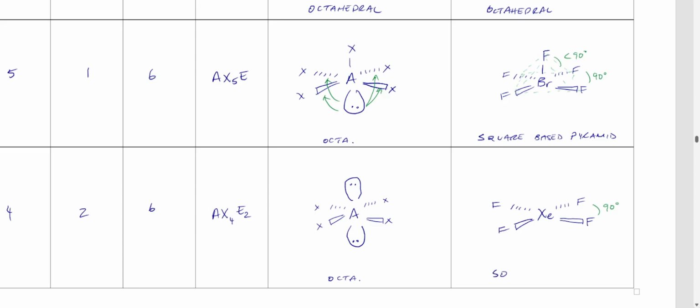This is called square planar. What we don't have drawn here is the lone pair here and the lone pair here. Got our bond angle of 90 degrees. And that completes VSEPR. That's all the various molecular geometries that can come from octahedral.